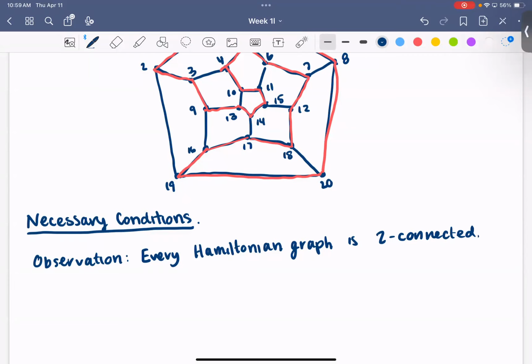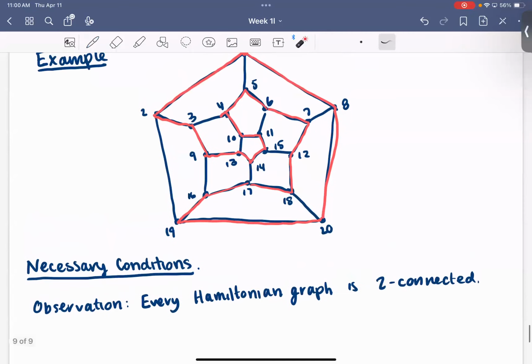And then, as another criterion for 2-connected, which I think is exactly what you're saying: between any 2 vertices there are 2 internally disjoint paths, right? So if I pick 2 vertices in this graph, let's say 8 and 16, there are 2 ways to get from 8 to 16. There's moving one way around the cycle and moving the other way around the cycle.